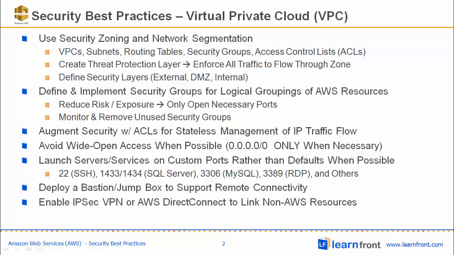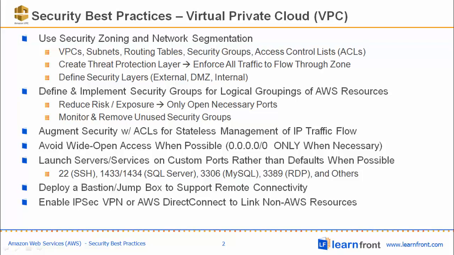Generally, you're going to want to place your web services or your front end into a public-facing zone or DMZ, and then have your back office or database related components of your application stack inside a private zone. That helps build a security context as traffic is flowing through your VPC and ultimately into your EC2 or other related AWS resources.